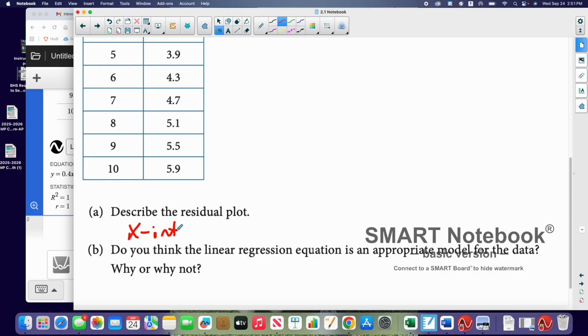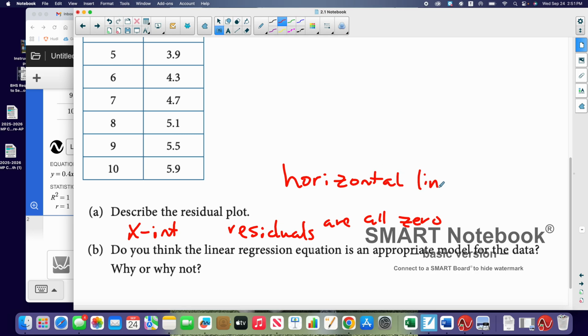The value of the residuals is 0. Residuals are all 0. We'd say it makes a horizontal line. So those are kind of some of the characteristics or descriptions we could say about the residual plot.